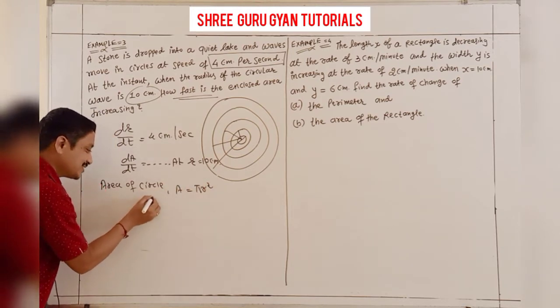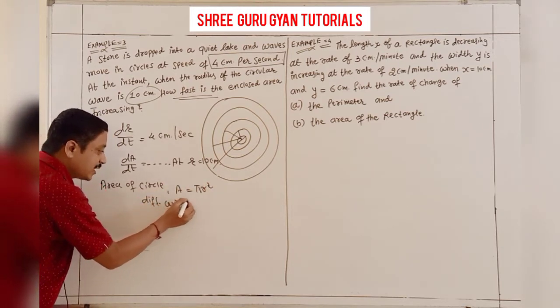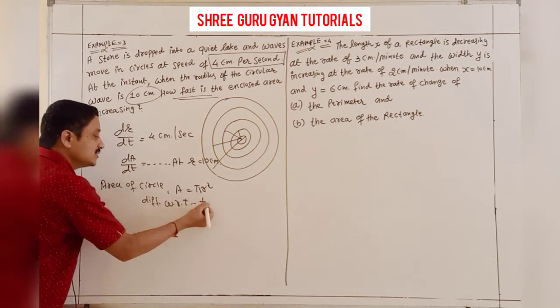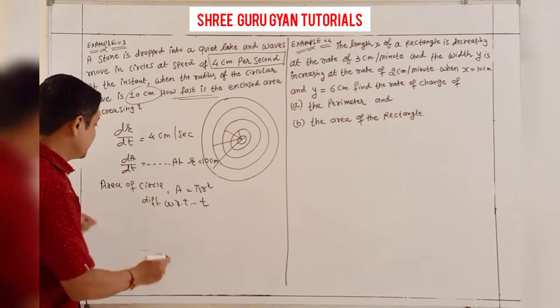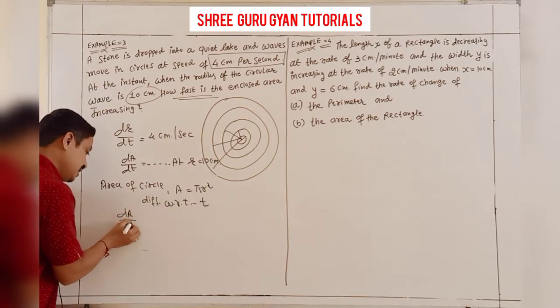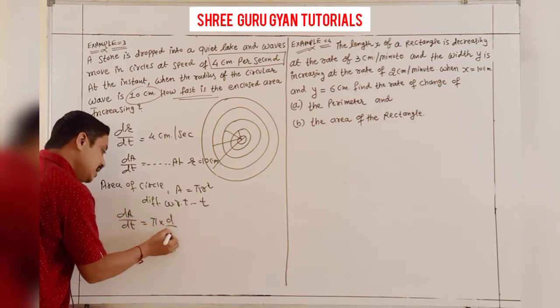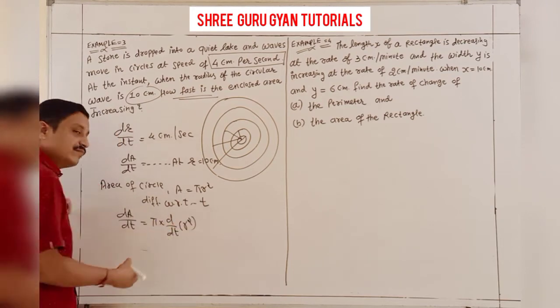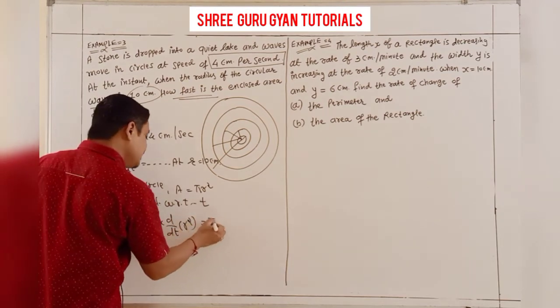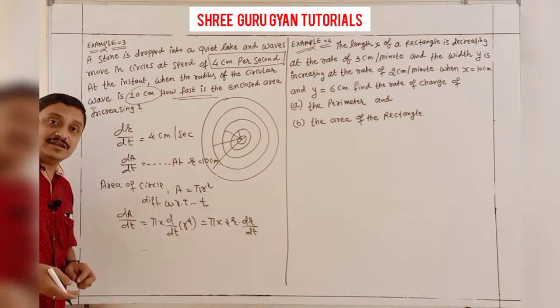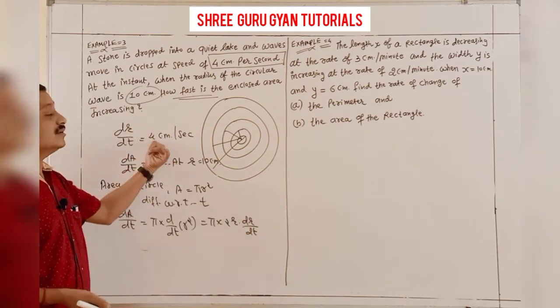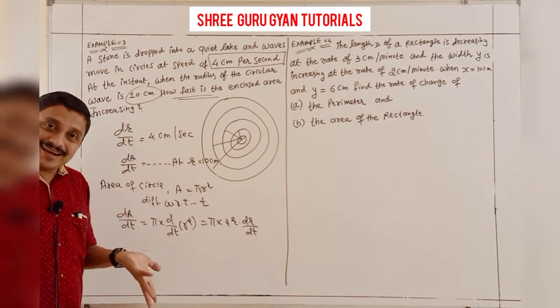I take differentiation with respect to what? Time, not with respect to radius, with respect to time. So dA by dt is pi d by dt of r square. It's very easy: 2r times dr by dt, and that is given, and that is my target.